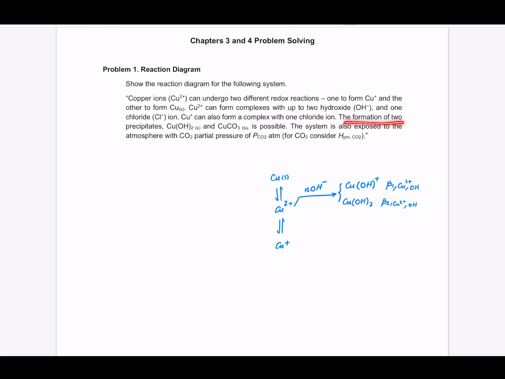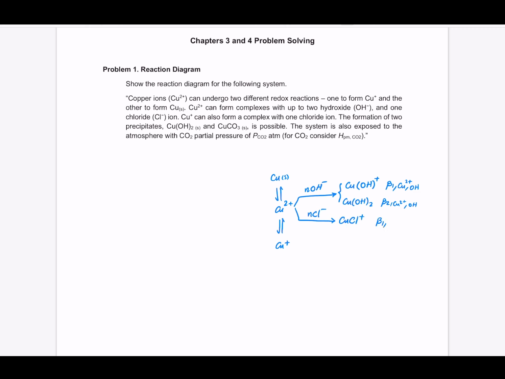So we also have the formation of 2 precipitates. Oh wait, we need to address this part also. So we took care of the hydroxide with copper 2+. And also copper 2+ can form complex with 1 chloride, so basically with Cl-, as the ligand. This would form only 1 complex.